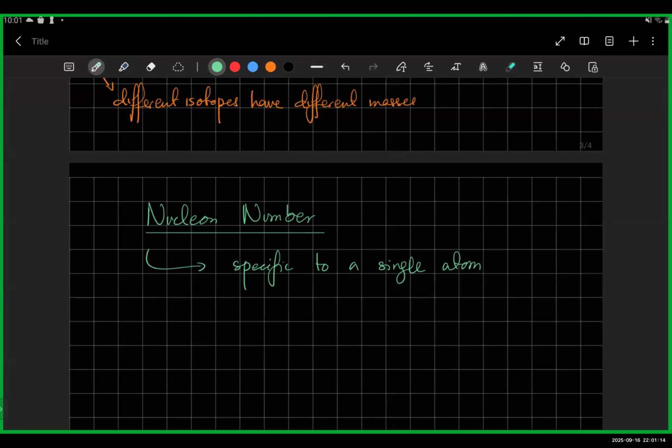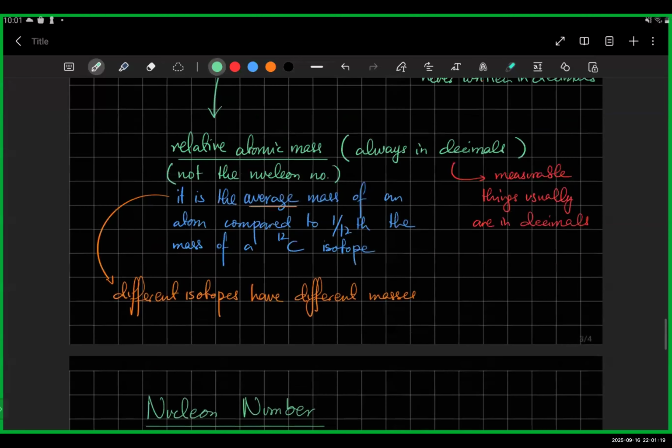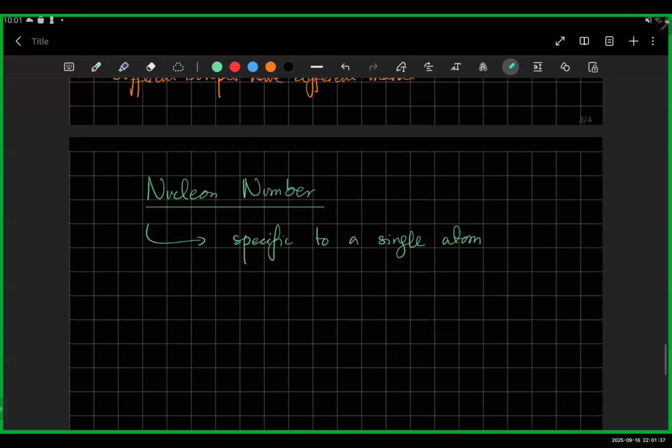The nuclear number term will apply to it. Okay, the relative atomic mass is the average mass of all the sodiums in the world. So when you say the relative atomic mass, that means you're talking about all the sodium atoms that you have ever found, and it's the average of all of them together. Okay, that's one thing. But the nuclear number is specific to an atom. One atom is going to have a nuclear number that will not apply to the other atom. Okay. So it's specific to an atom.